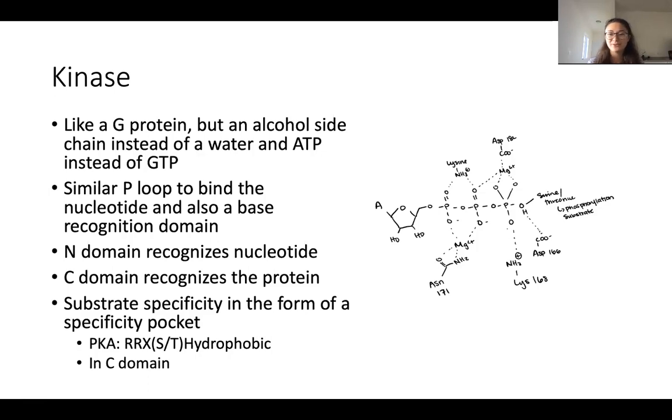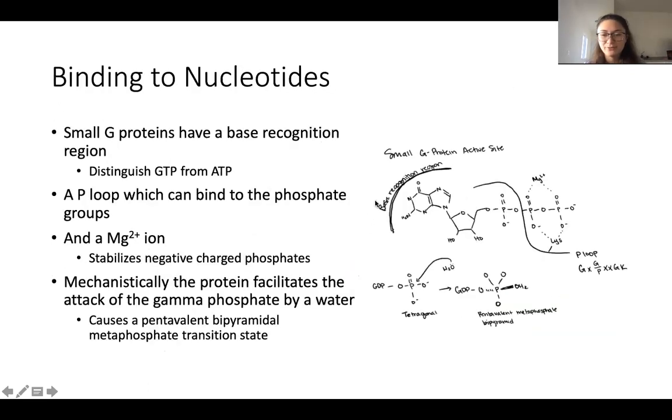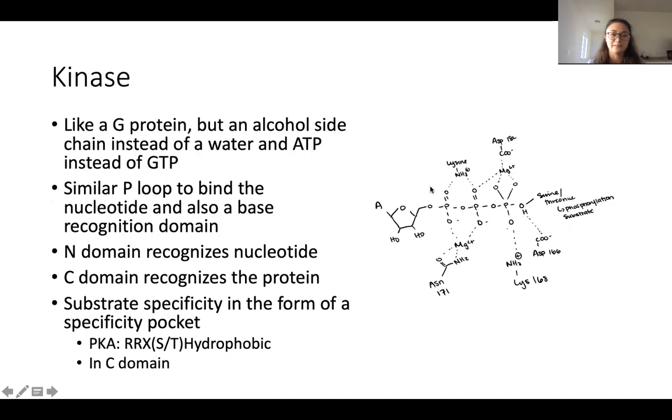If we do those two changes, that's what a kinase is. So it's going to have a lot of these same types of things. It's also going to have a base recognition region, except now instead of recognizing a guanine, it's going to recognize an adenosine. And it's also going to have a P-loop. And it's also going to have associated magnesium ions.